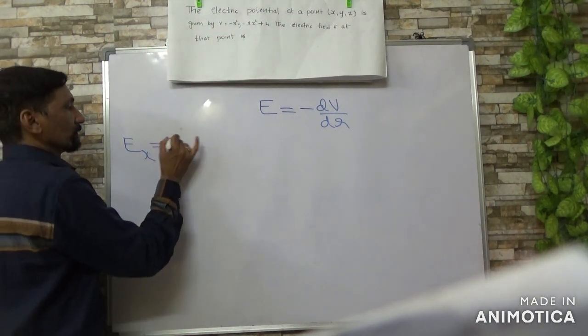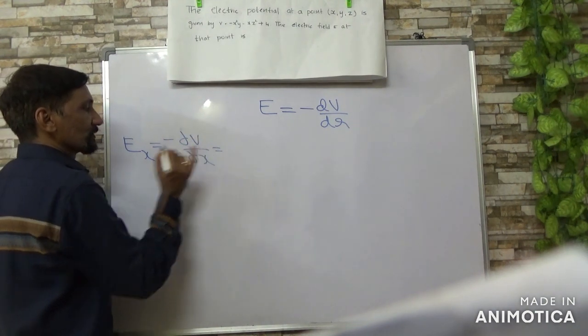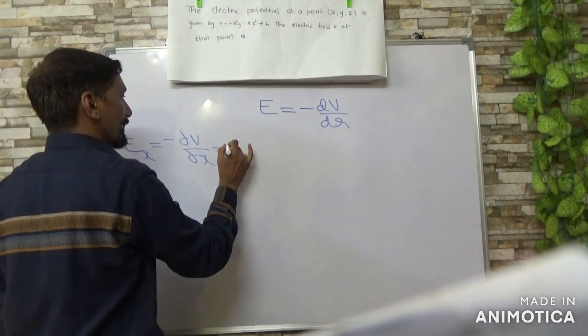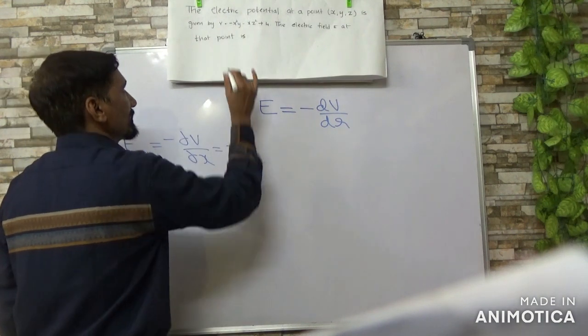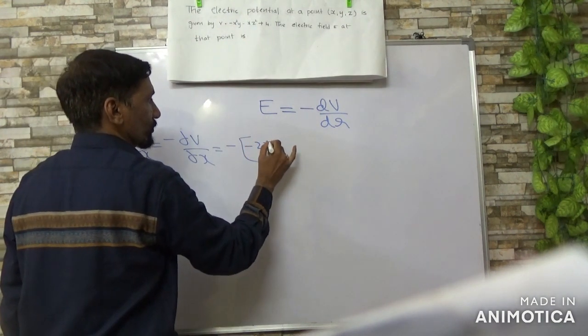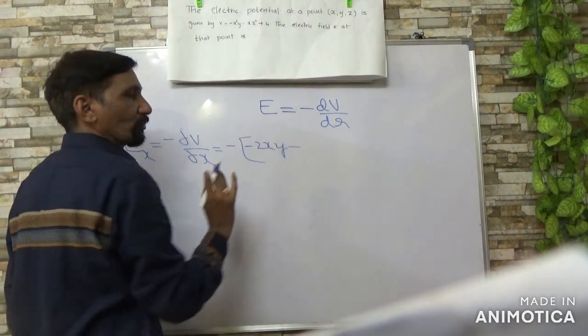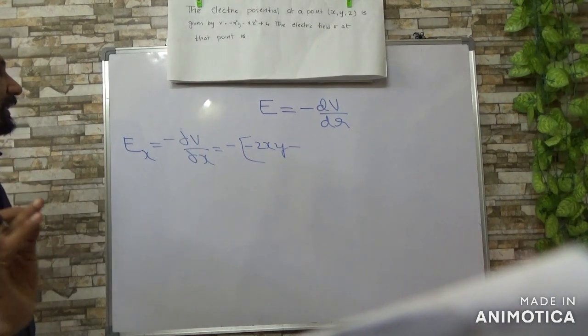That is, minus dou V by dou x. This is the given function. So minus of, x square differentiates to 2x, and y is taken as it is, just like a constant, because you are differentiating partially with respect to x.